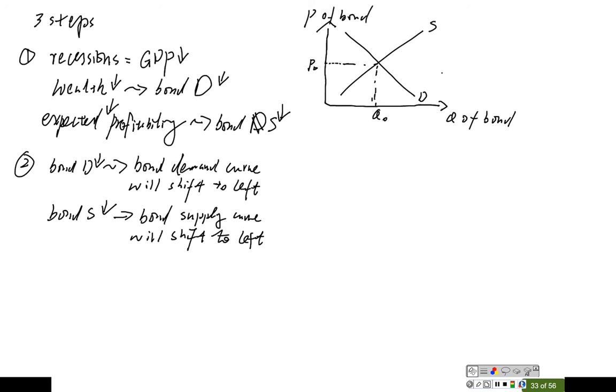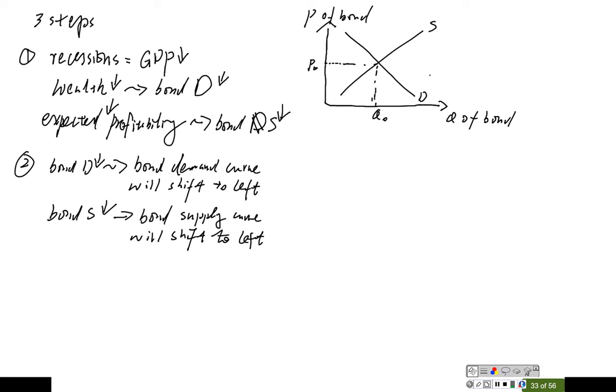So from step 2 we already know the bond demand curve will shift to the left, and the bond supply curve will also shift to the left. But here, do we know which curve will shift more than the other? No. The question does not give you any information related to the size of the shift of each curve.